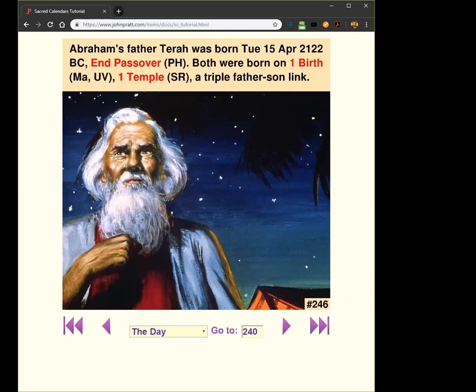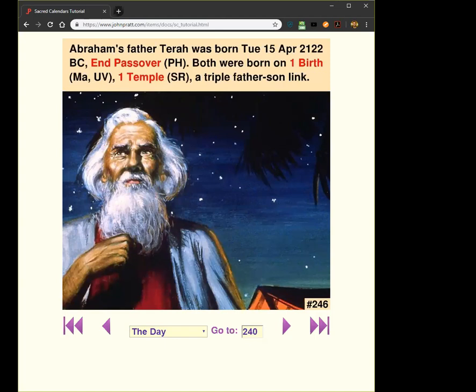So they're linked in that age, both on one birth, and then on one temple, which is also the day representing birth on the sacred round. So it's not only a triple father-son link, but all 3 days represent birth. That might be the only one in history of a father-son all on 3 days, all of which represent birth. That's really rare. I haven't figured out the odds in these things, but that's incredibly rare.